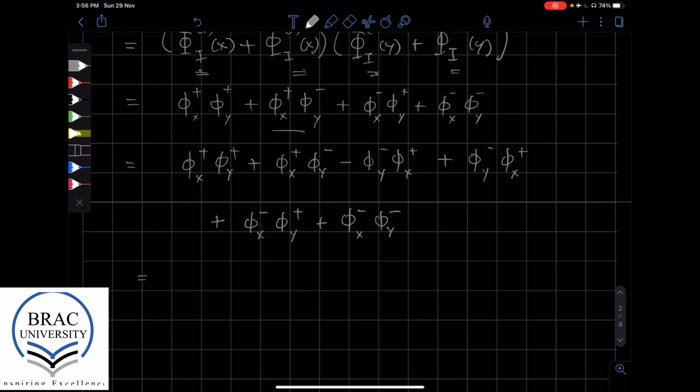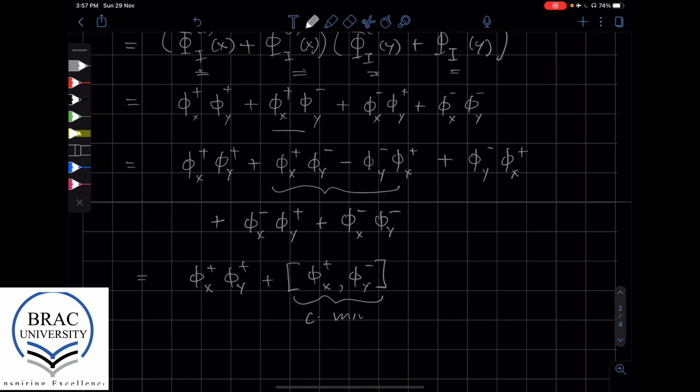And this we can write as a commutator. And because it's a commutator, it's going to be a C number, meaning this will not be an operator. This will be just some function. And then we have the other operator terms, which are all normal ordered.